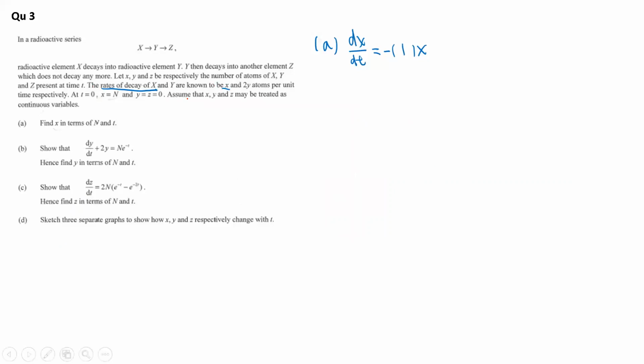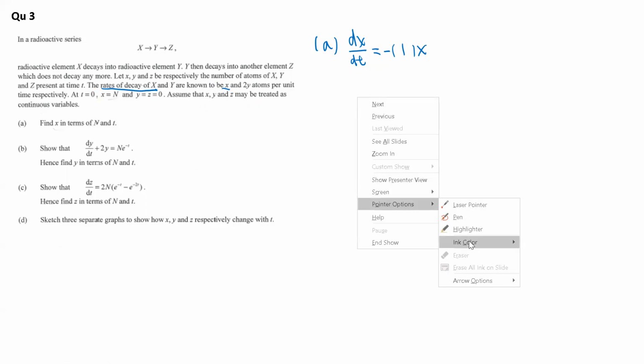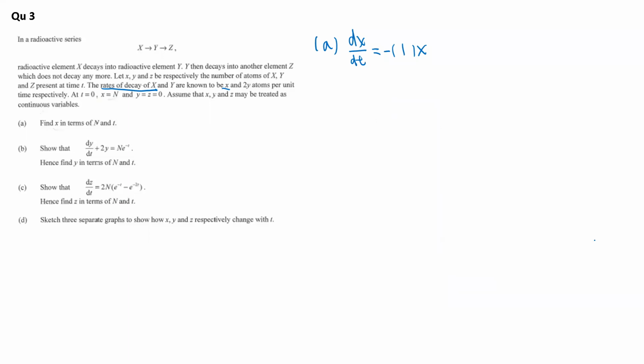The decay rate is just x itself. Now we just solve this. I'll just write down the answer: x as a function of t is just some constant A e to the minus t.